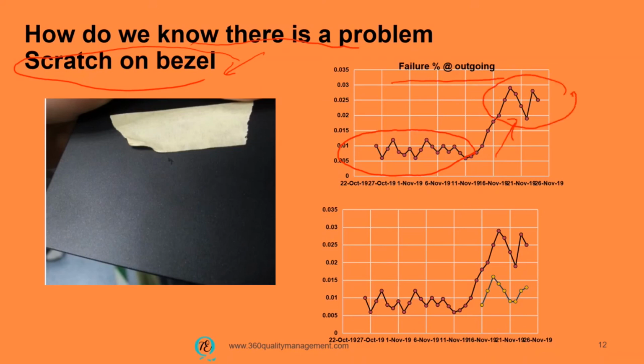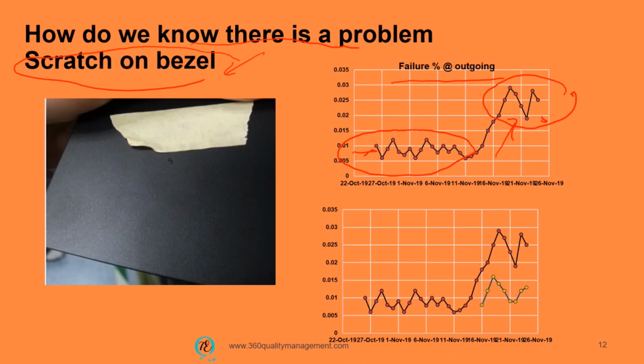So this is a problem. The norm should be this, and this is deviated from the norm. What happened is that we traced back to the incoming inspection, because at this junction, the supplier does not agree that it's their problem and still stated that it is the line handling problem.